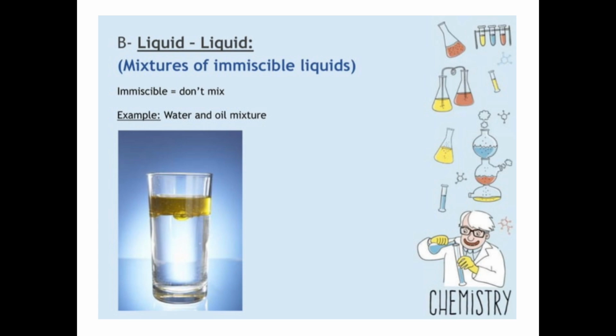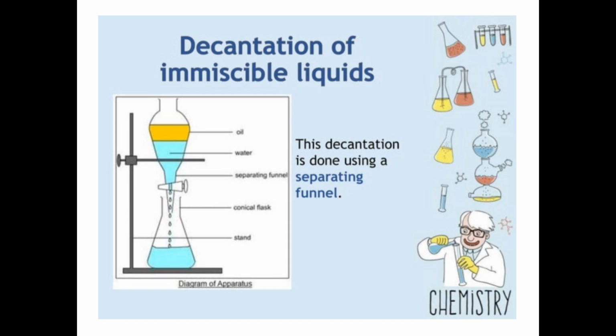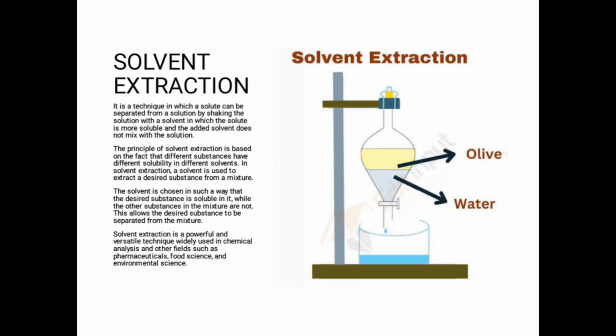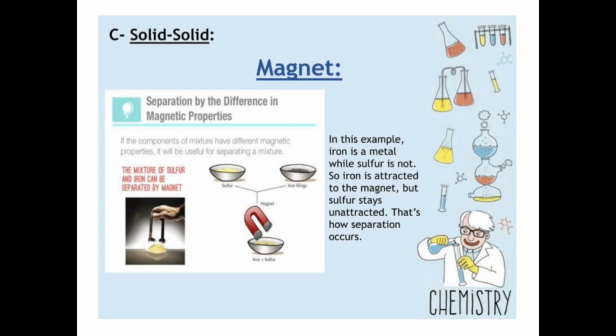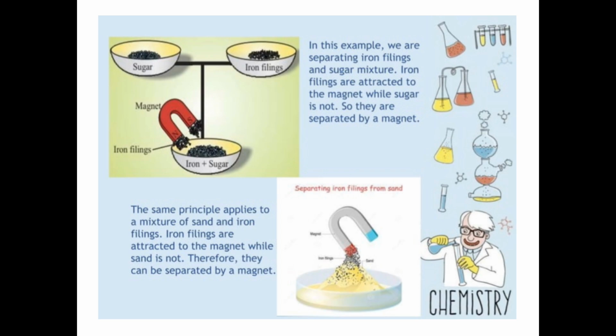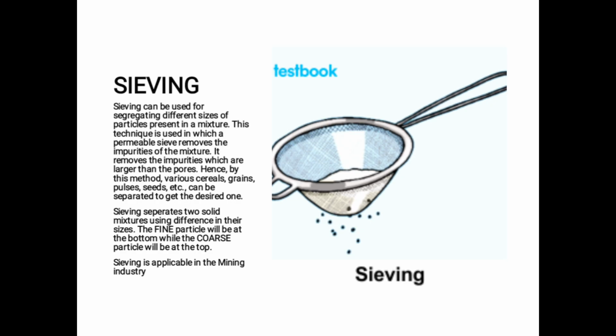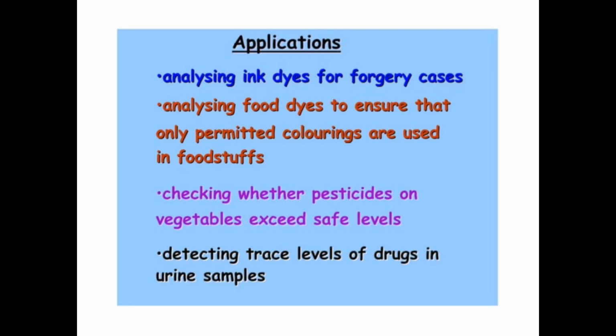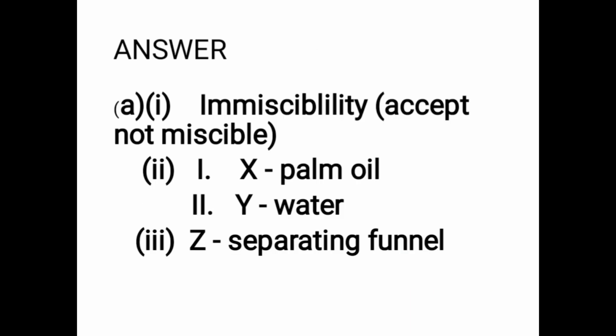We looked at heterogeneous liquid-liquid mixtures, which use the separatory funnel method and solvent extraction. We also looked at solid heterogeneous mixtures, that's the use of magnetic separation. We looked at sieving, sublimation, and some questions.